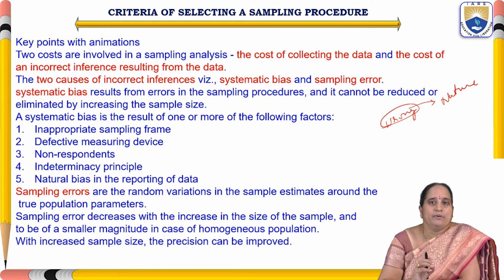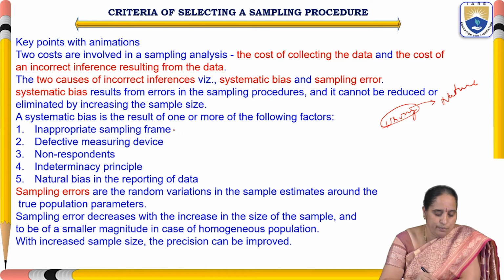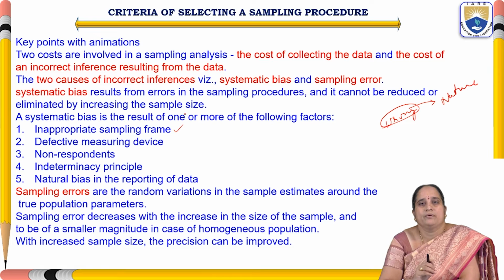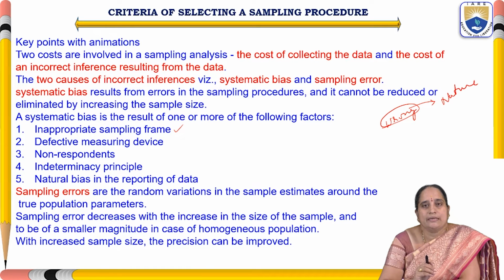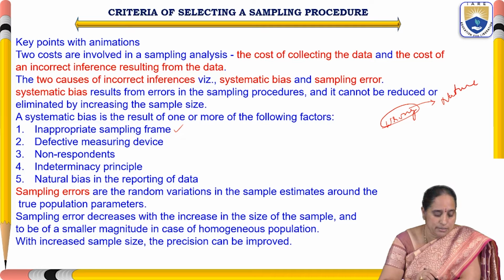Then, systematic bias is the result of one or more factors. The first one is an inappropriate sampling frame. Whenever you select the sample, it should be accurate. We need to consider an appropriate sample from the universe. Otherwise, it leads to systematic bias. Then, a defective measuring device.